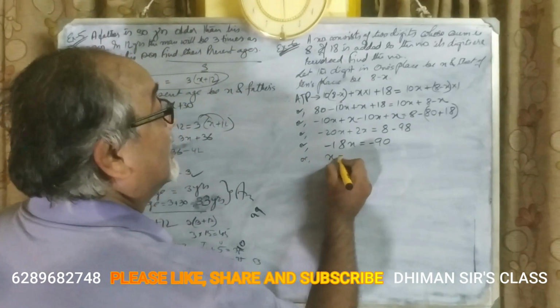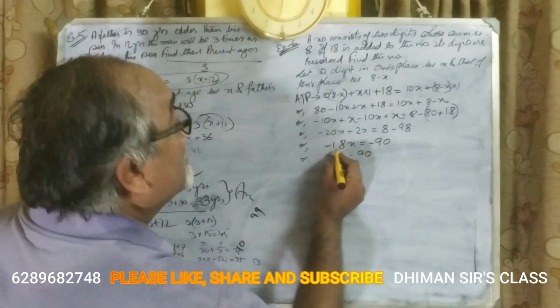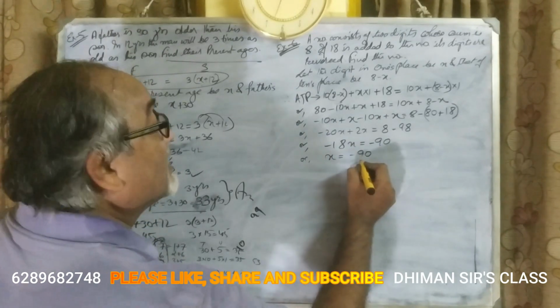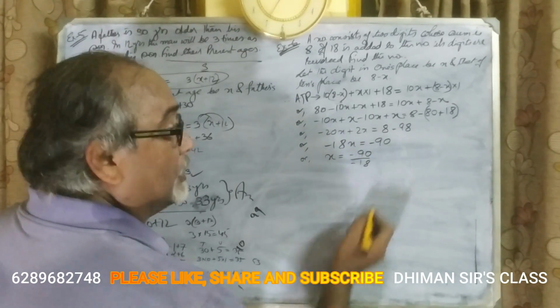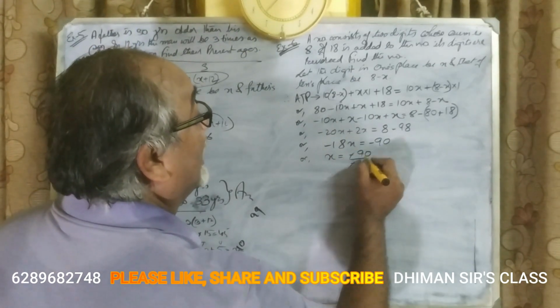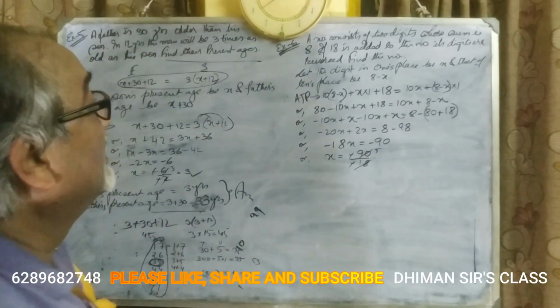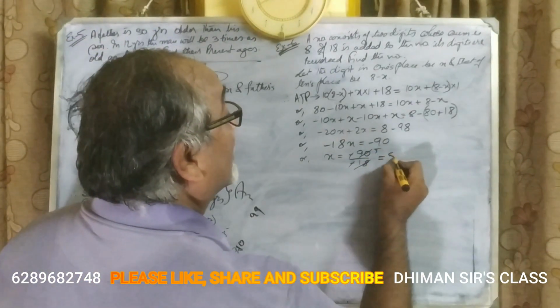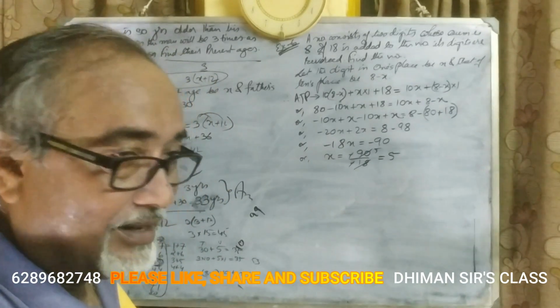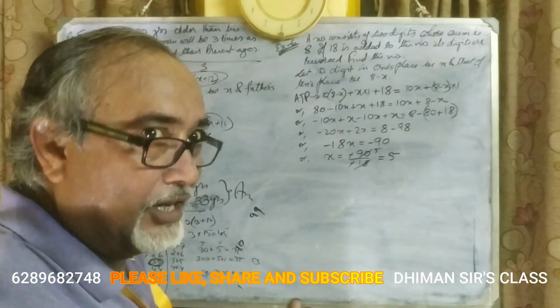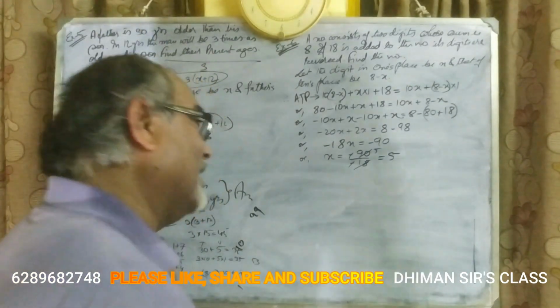Or x is equal to minus 90 over minus 18. Denominator this side. 90 by 18 is equal to 5. Now students, sir, we understood it is not the answer. Correct.